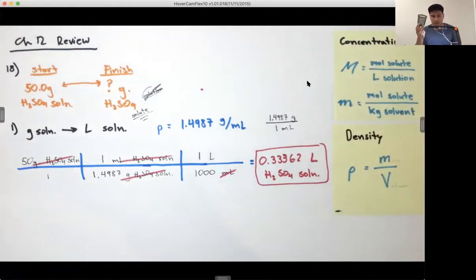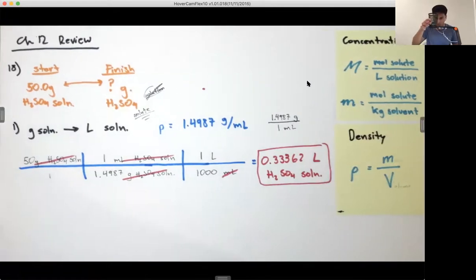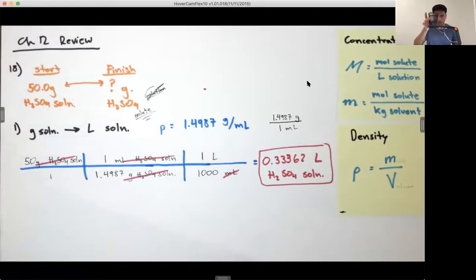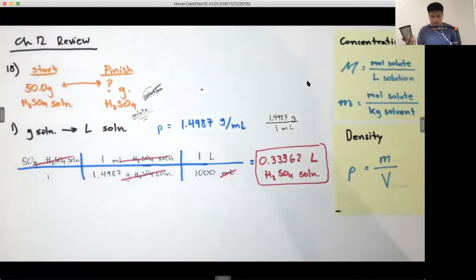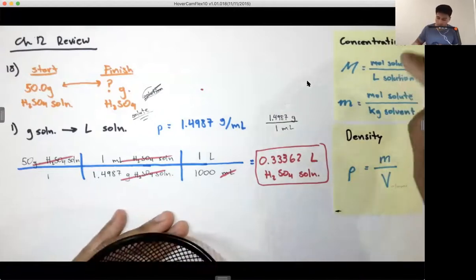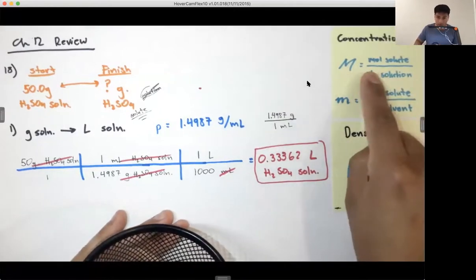Is there a way to measure the grams of just the H2SO4? Can I put this on a balance and measure the grams of only the H2SO4? Would that be possible? No, because it's dissolved in the water. The water's mass is going to affect it as well. That's why we need to use this right here, molarity.